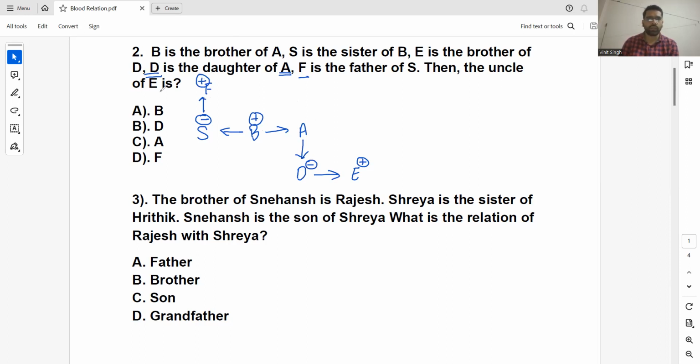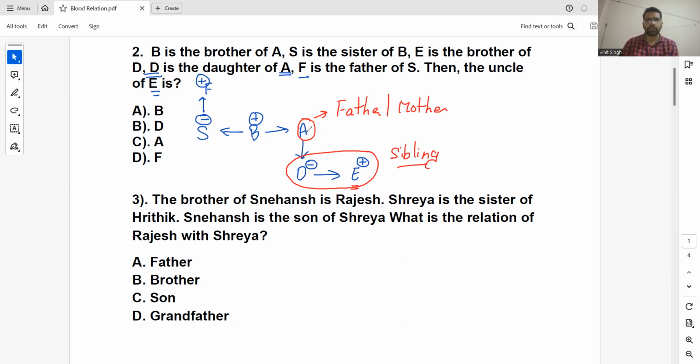Then the uncle of E is, and we have to find who is the uncle of E. E is there. Now, D and E are the siblings. Clear? A is either a father or mother, because the gender of A is not given.